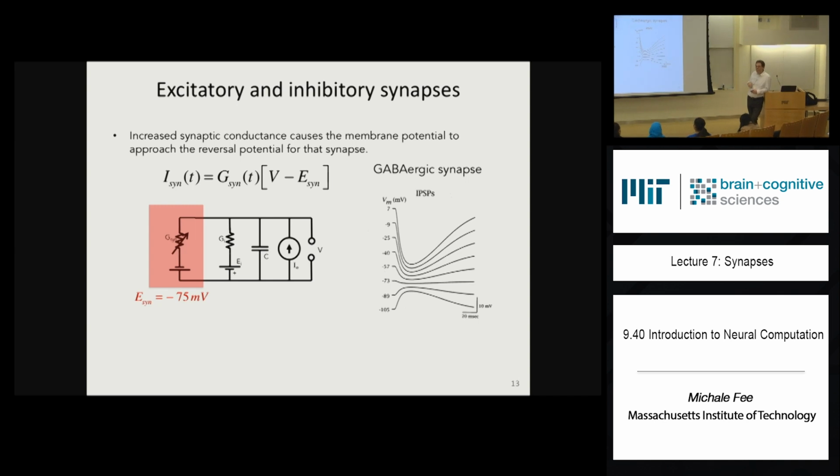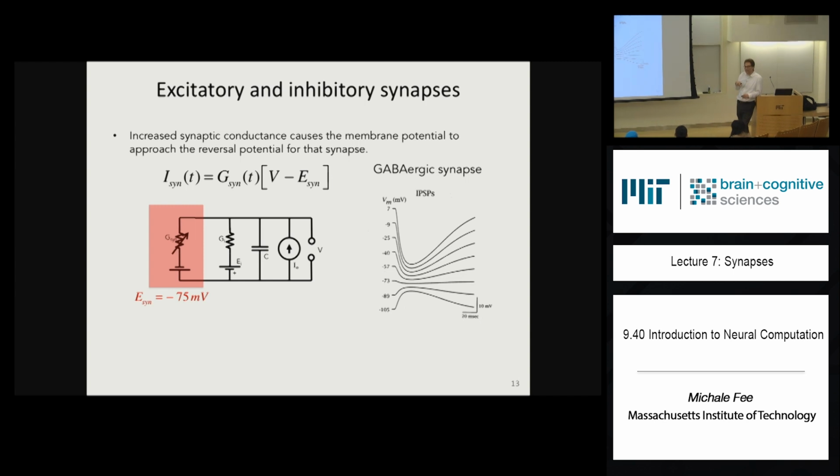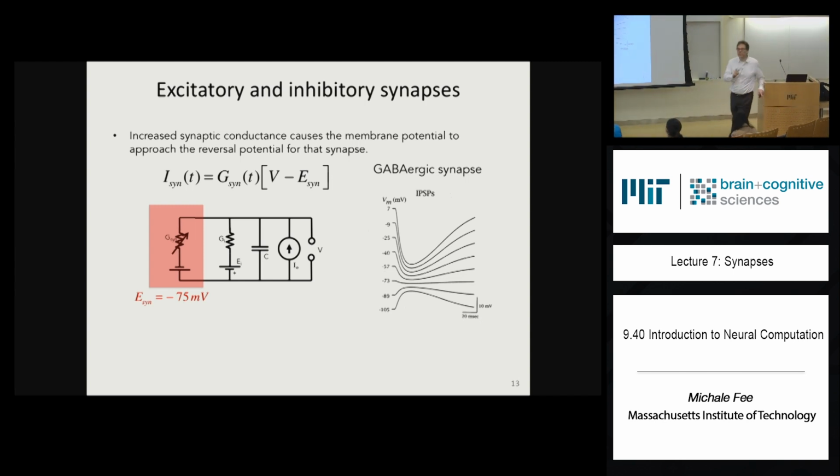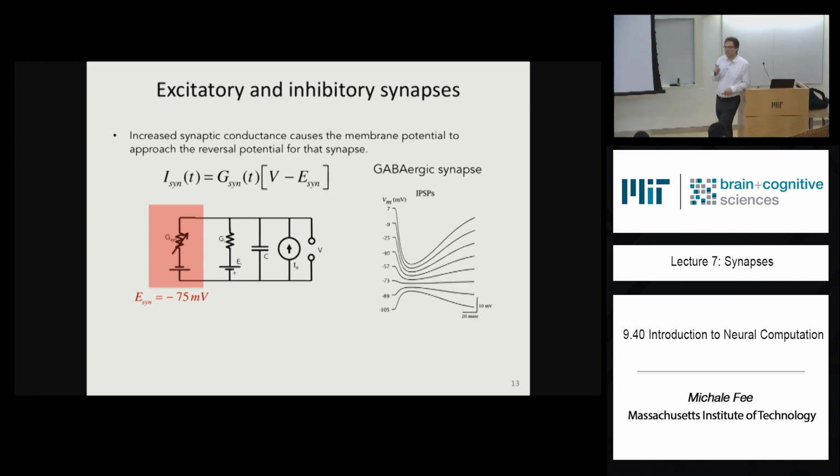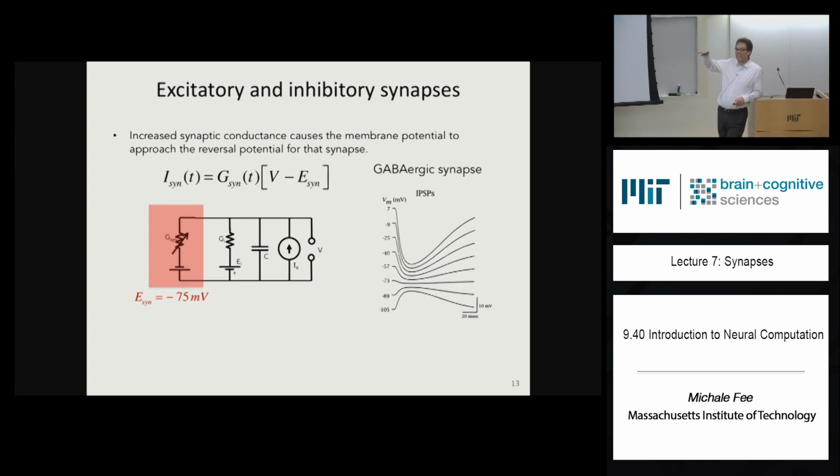So inhibitory synapses don't always make the potential of the cell go down. In fact, sometimes they can make the cell go up. What's really cool is that in juvenile animals, there's more chloride inside of a cell than there is in an adult. And so the reversal potential of the chloride channels is actually up here, and chloride inhibitory synapses can actually make neurons spike.